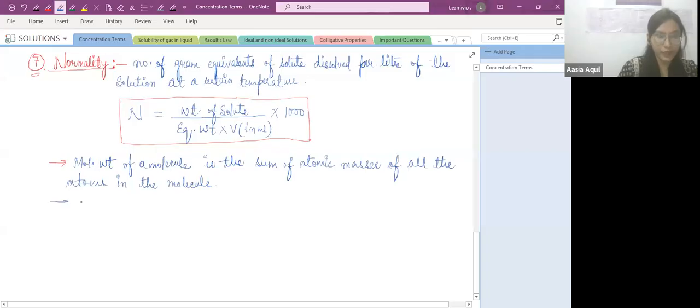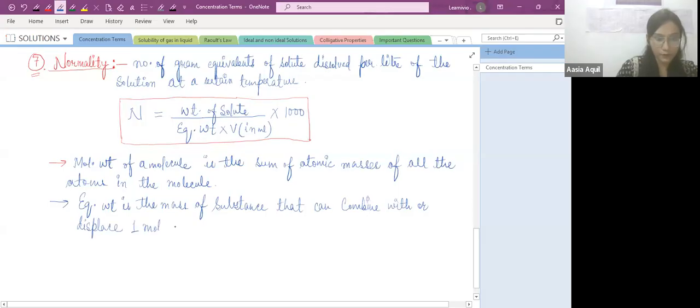But equivalent weight is the mass of a substance that can combine with or displace 1 mole of hydrogen atoms, or you can say 1 mole of electrons, in a chemical reaction.